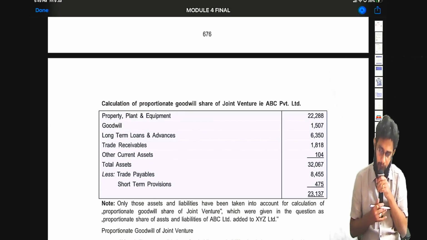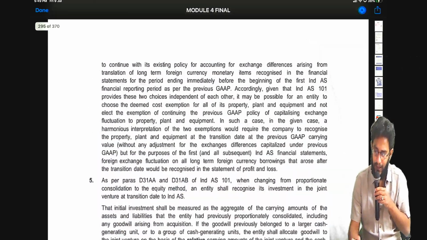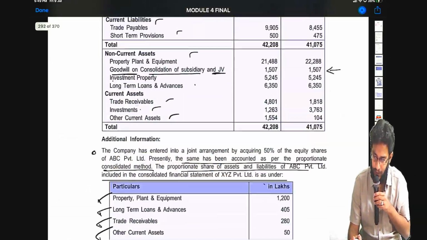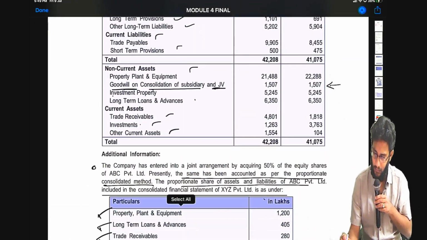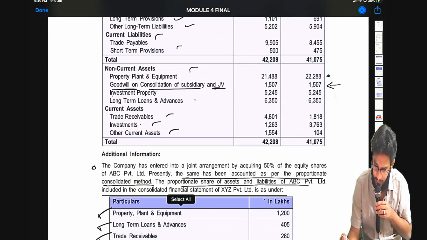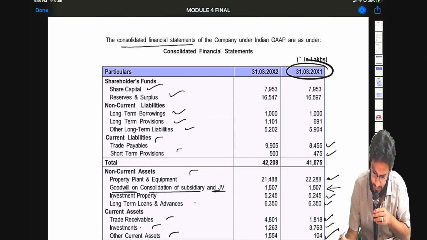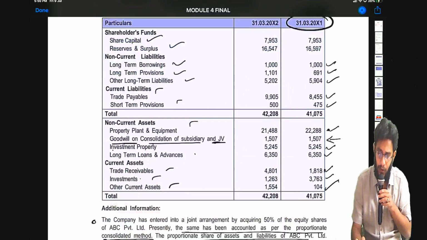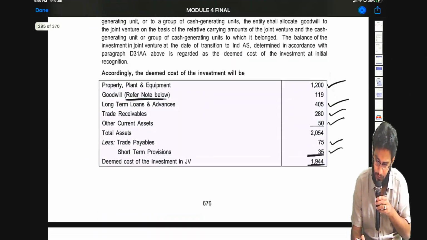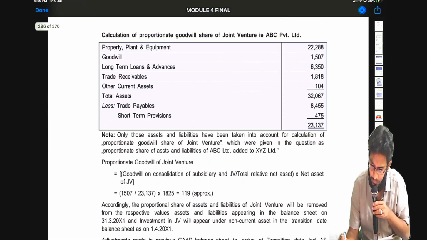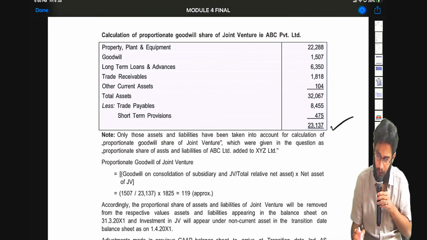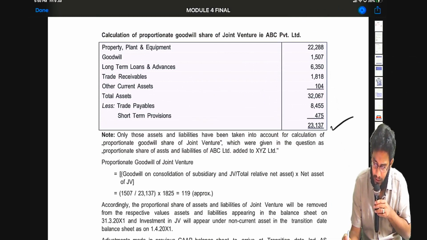So let us understand how goodwill is worked out, the calculation of proportionate goodwill. What he has done is take the total net assets of the company. That means on this date, this minus this. You will get the net assets of the company as a whole. Total 23,137.